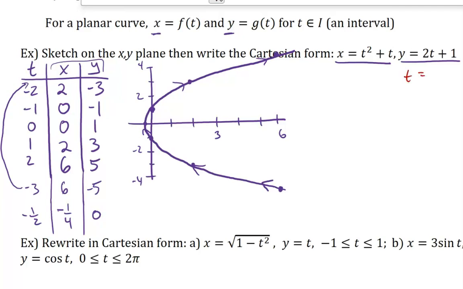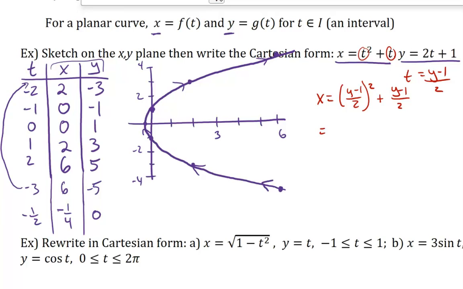So t is equal to (y minus 1) all over 2. And then I'm going to take that and plug it into the x function to replace t, and now I will have a relation, an equation, written in terms of x and y. So I have x equals ((y minus 1) over 2) squared plus (y minus 1) over 2.